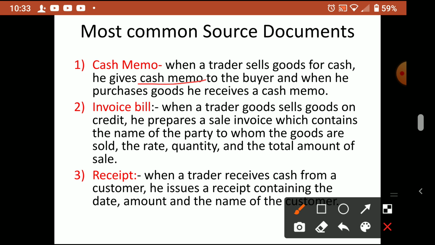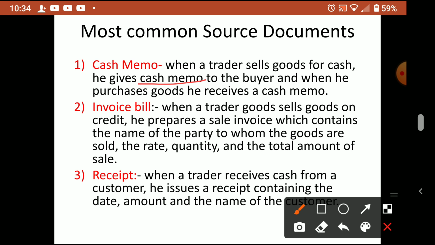When you confirm the order and opt for cash on delivery, you have not paid money; only after receiving the product do you make the payment. So immediately they make an invoice bill. For a credit transaction it is an invoice bill, for a cash transaction it is a cash memo.